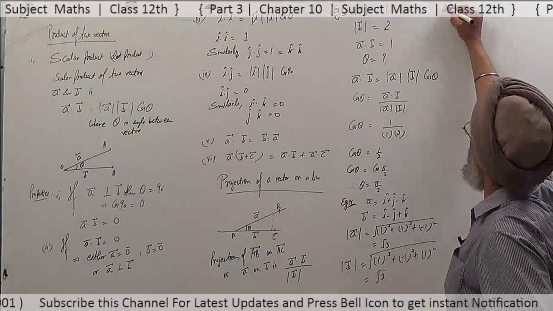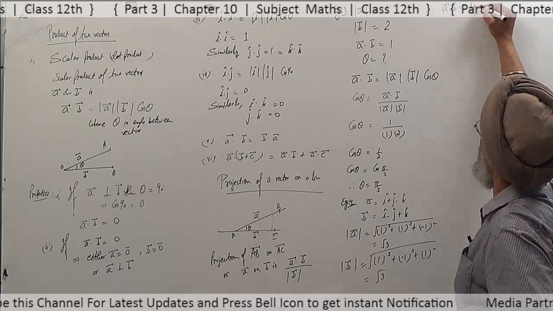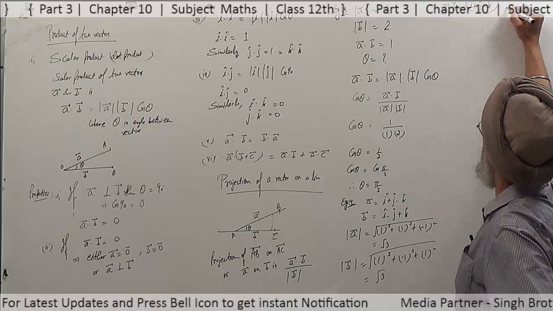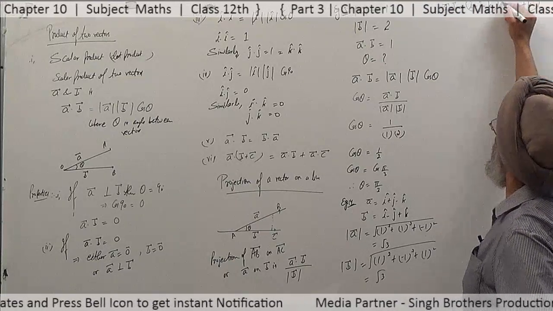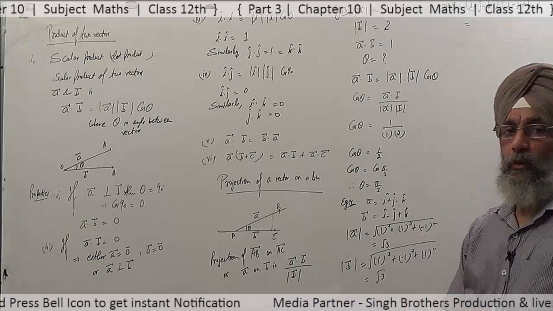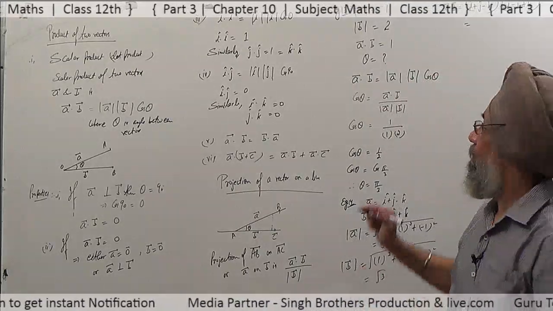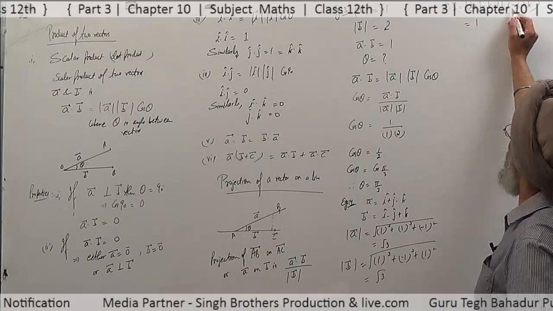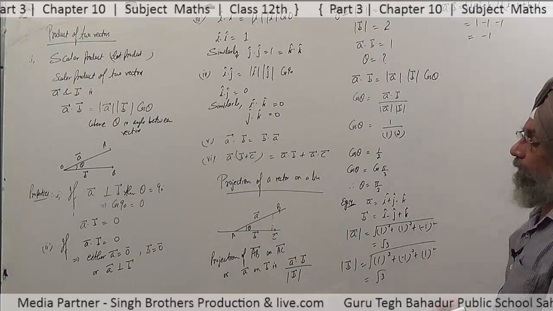Now A dot B means i plus j minus k dot i minus j plus k. Taking the dot product of i with i gives you 1, but the dot product of i with j is 0. So i with i gives you 1, 0, 0, then j with minus j gives you minus 1, so it is minus 1.